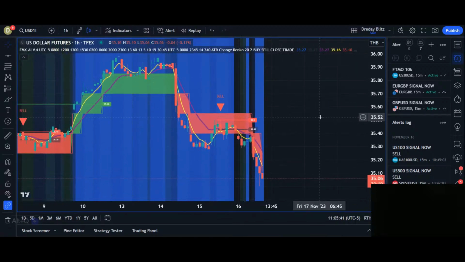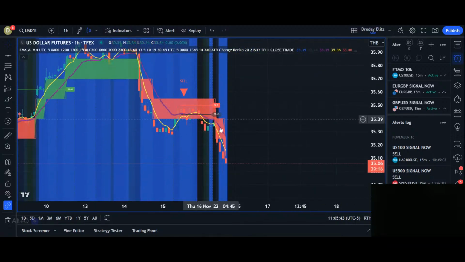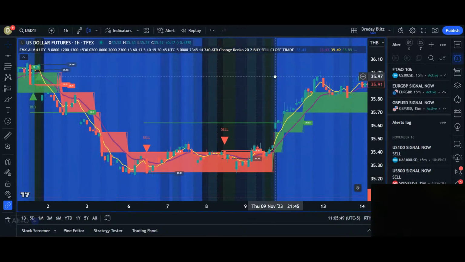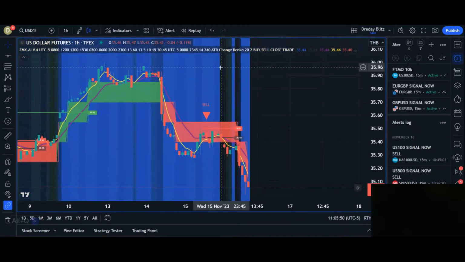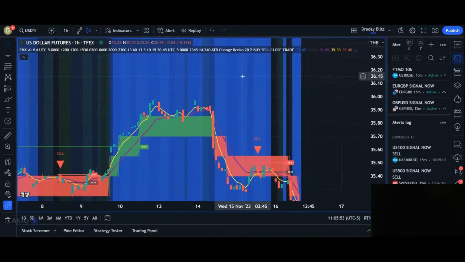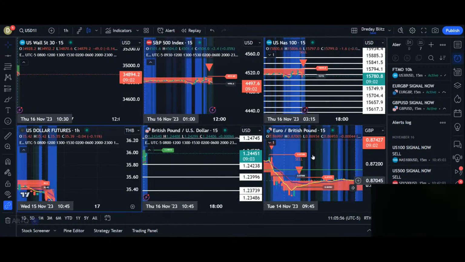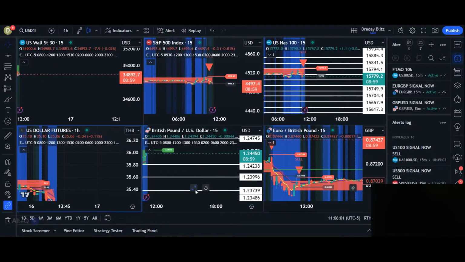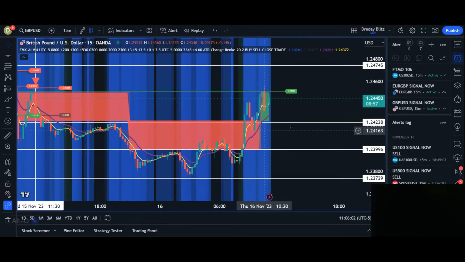If it's US against anything, it's going to go down. But if we look at GU right now, we should expect GU going up. So this is GU, and as you can see, GU is bullish right now.